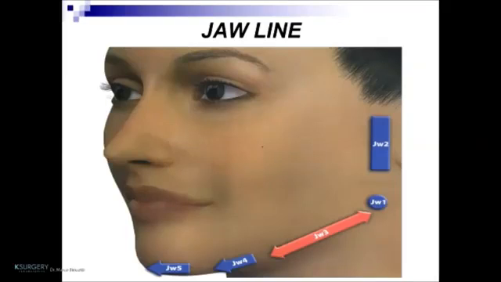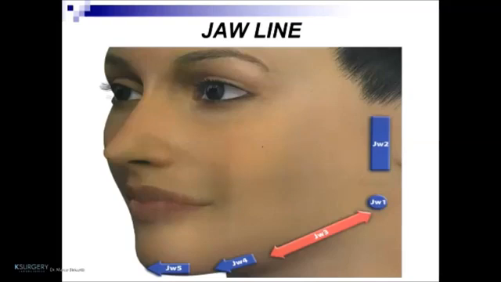The third is the medial line of the jawline. This is in red because it is a very dangerous area, as here there is the facial artery and facial vein. So it's very important to be very careful.